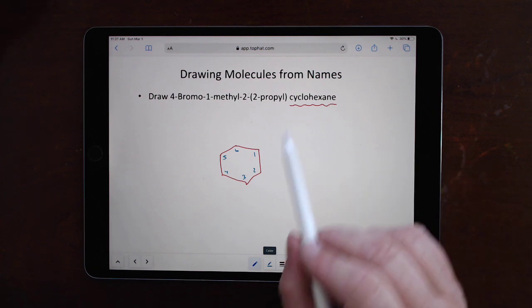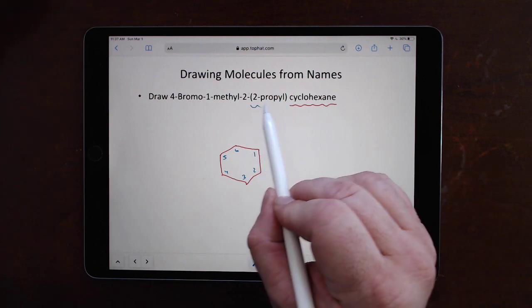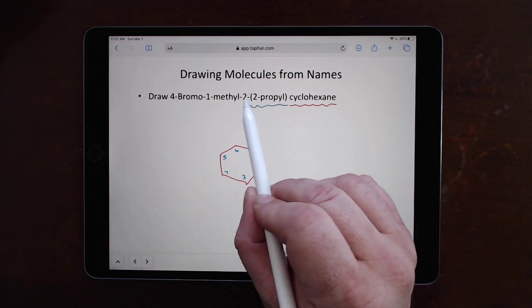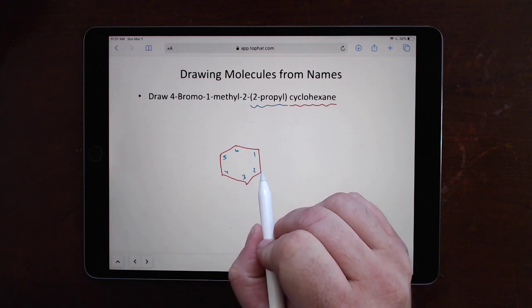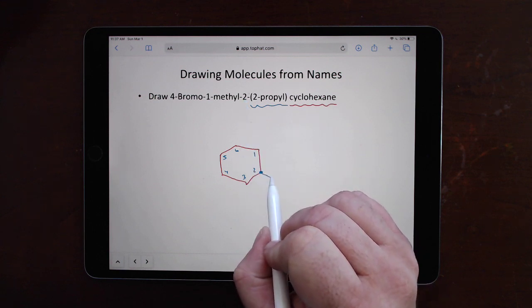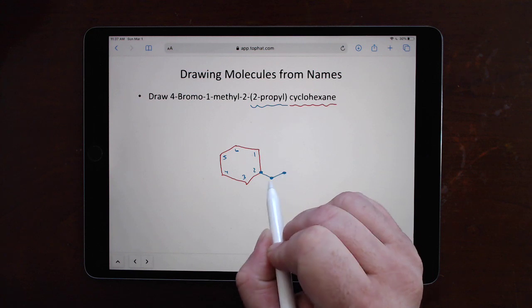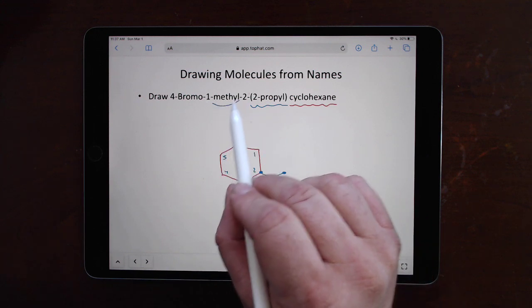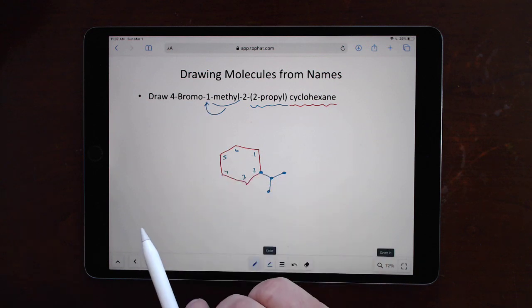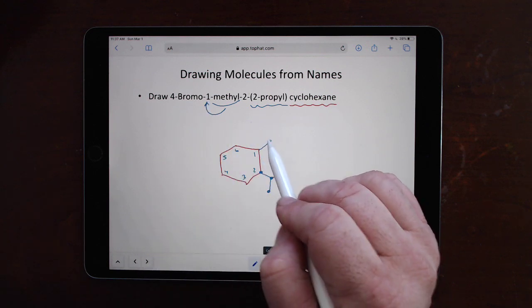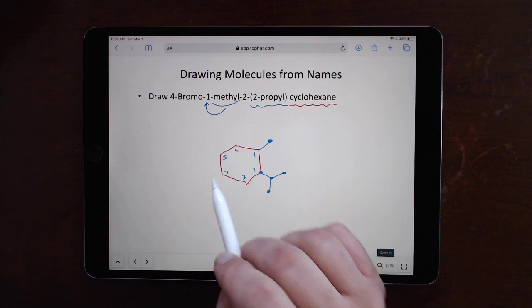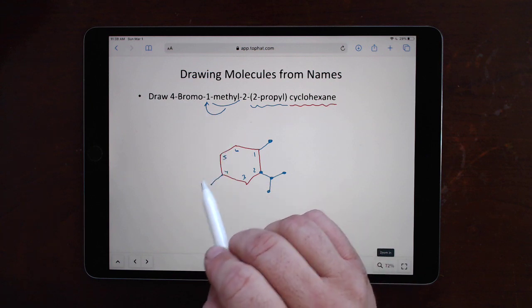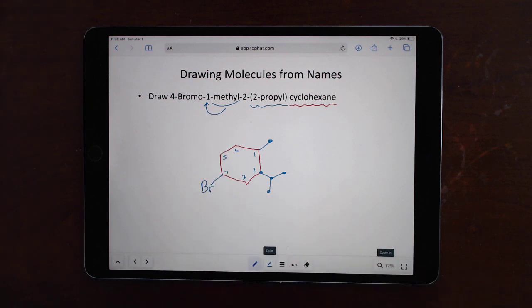We can start wherever we want to. Now we have a 2-propyl group hanging off of carbon 2. So at carbon 2, we have an isopropyl group, a 2-propyl. And then we have a methyl group hanging off of carbon 1. And then we have a bromine hanging off of carbon 4.